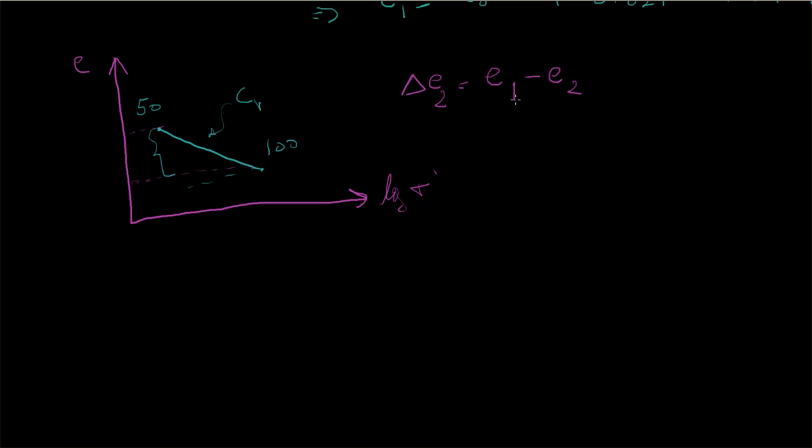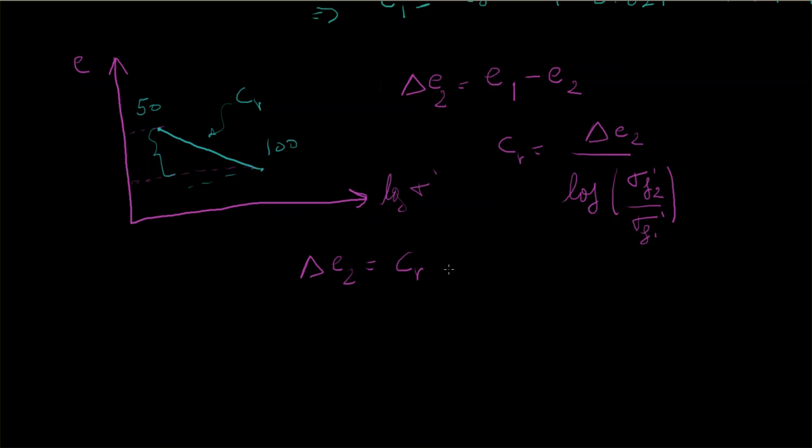And CR, which is the slope, is the difference in void ratio over the difference in the stress, which is, I should say directly now, log sigma final 2 over sigma final 1. So delta E2 equals CR log of sigma final 2, which is 50, over sigma final 1, which is 100, and CR is 0.07. It does not change.